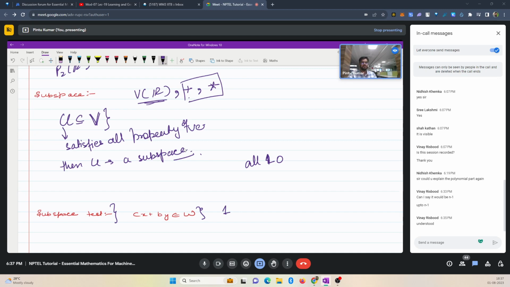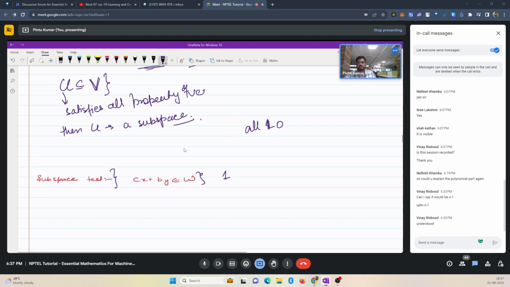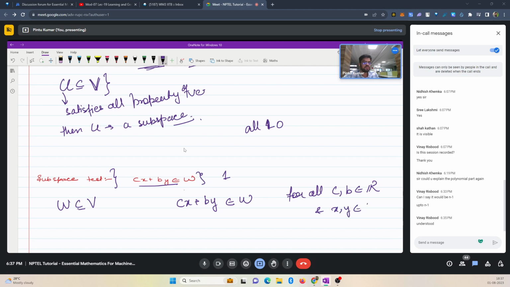So if you know, let's say W is a subset of V, then you just need to check if Cx plus By is an element of W for all C comma B belonging to real numbers and x comma y belonging to your vector space W. So if you just check this particular property, then you are done.